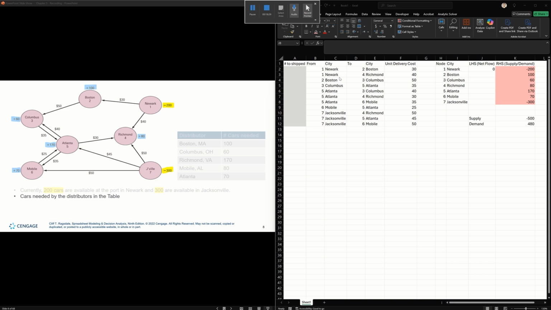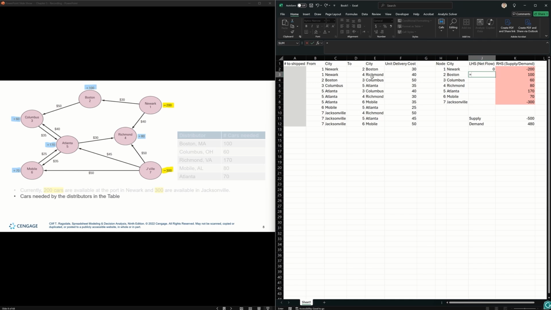But we also have another one here. From Boston, we have something that is coming to the node, which is plus. Okay, we're adding plus coming out of Newark. This is coming from Newark to Boston, coming to 2. So that's plus minus what's leaving Boston. Got Boston leaving to Columbus.